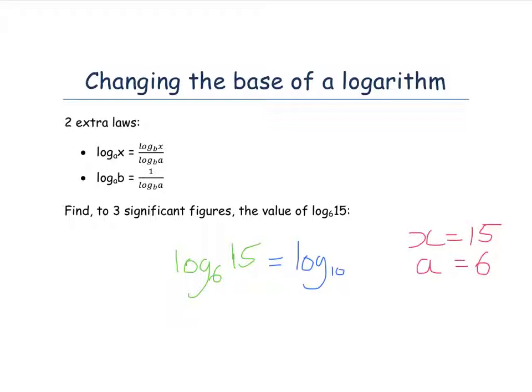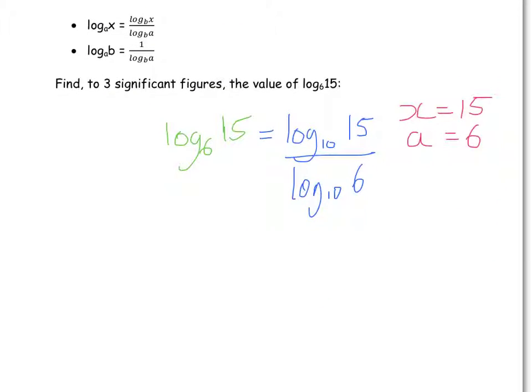It's quite a standard value to pick, so if you're converting into a similar base, go for log to the base 10. The x is 15, so I put that in from the rule, divided by log to the base 10 of 6. If you type it into your calculator, you get the answer 1.51 to three significant figures.